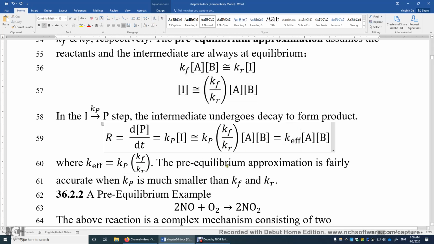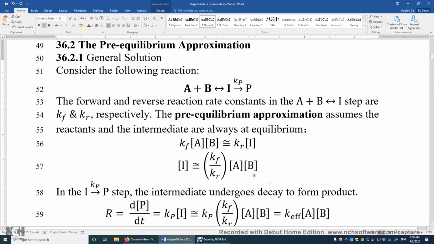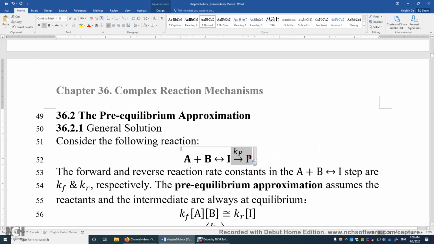But when can we use this pre-equilibrium approximation? This approximation is fairly accurate if this K sub P is much smaller than Kf and Kr. So what does that mean? This step has to be much slower than the forward and reverse reactions. Although I is converted to P, the conversion from I to P is so slow that any changes made to I due to this step are quickly replenished by the forward reaction.